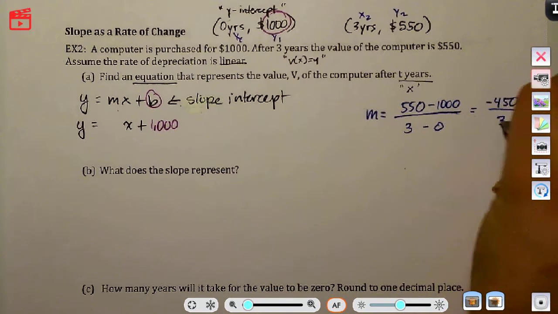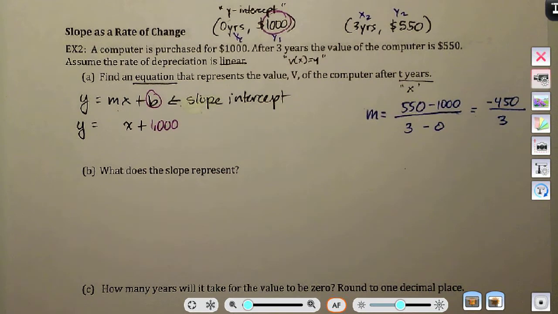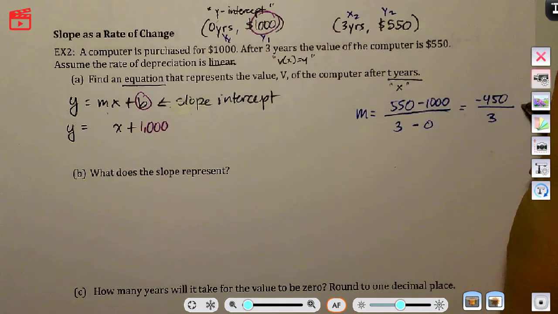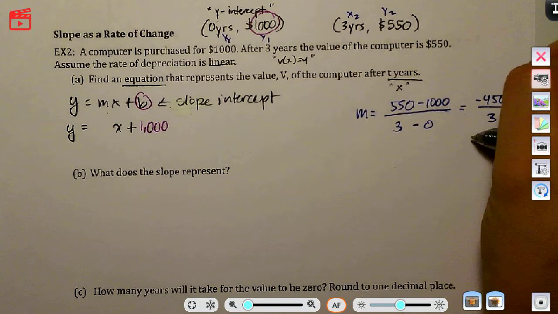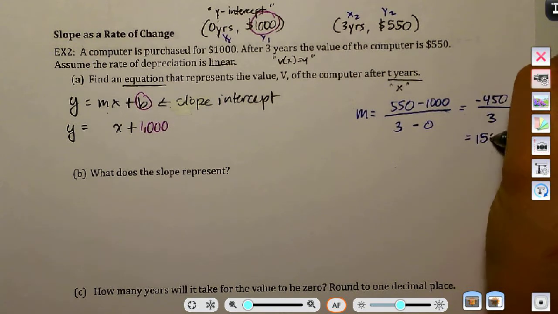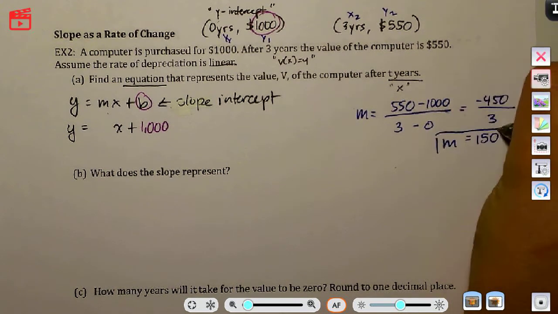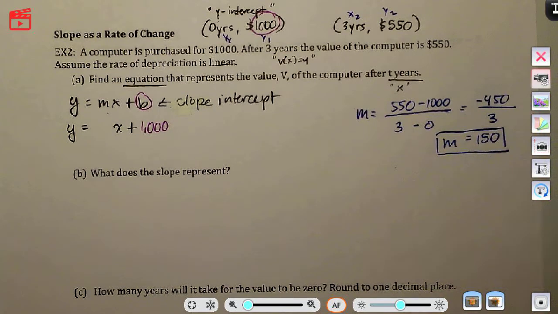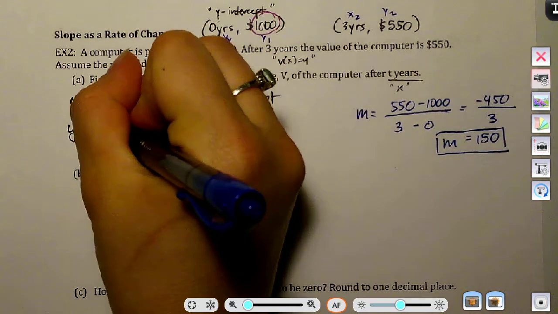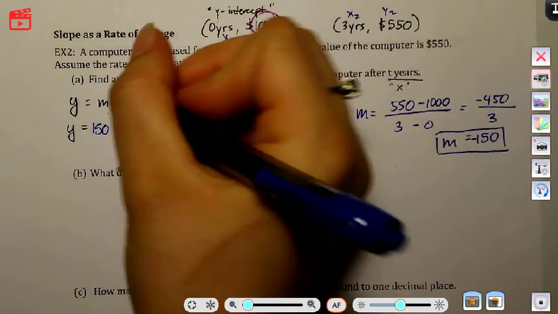Okay, and then 3. And that simplifies to 150. m equals 150. Okay, so my slope is 150. Plug that in. And that's a negative 150, sorry.